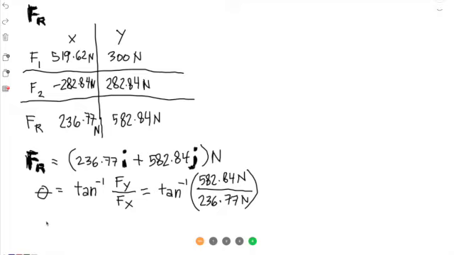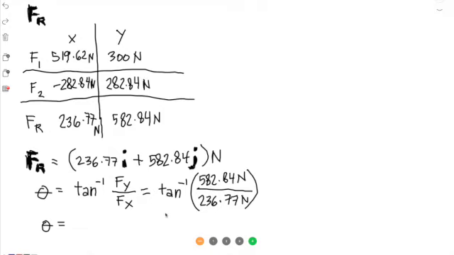Okay, so let me plug that in my calculator. Oh, okay, so let's solve for the angle first, and then we find the magnitude of this.